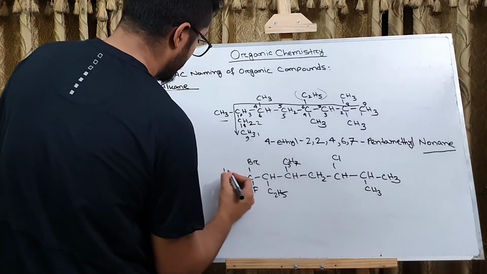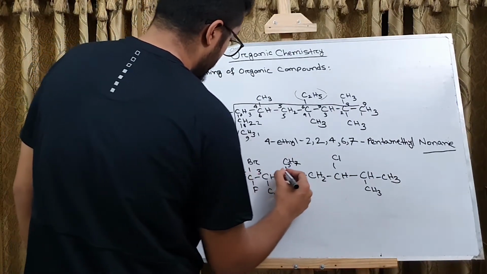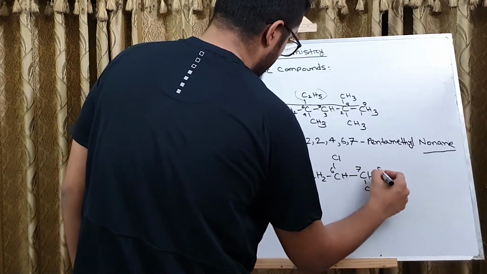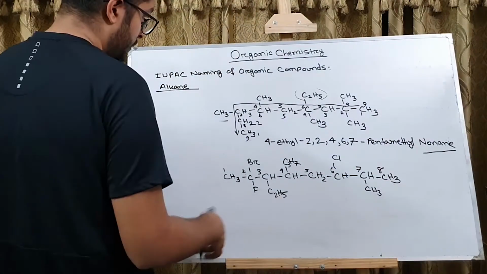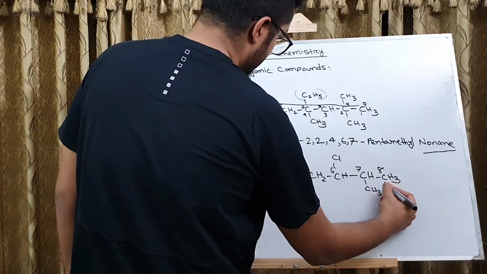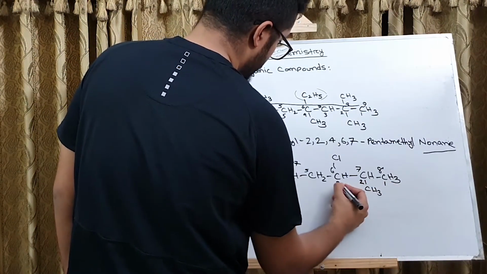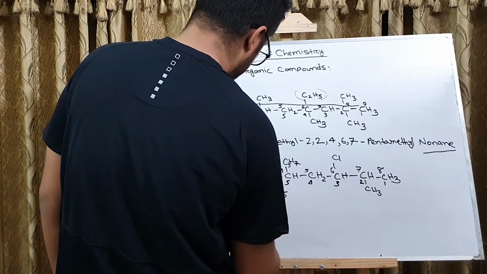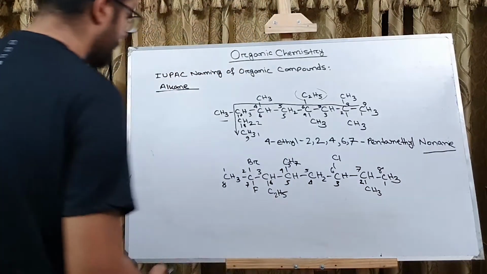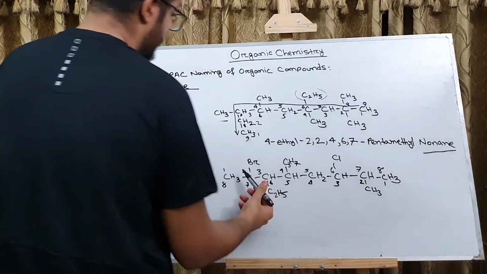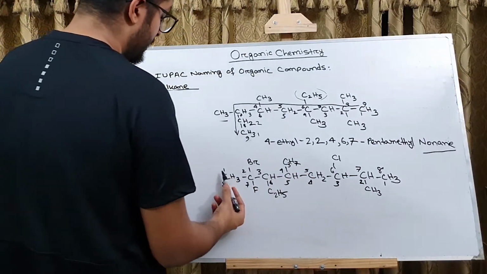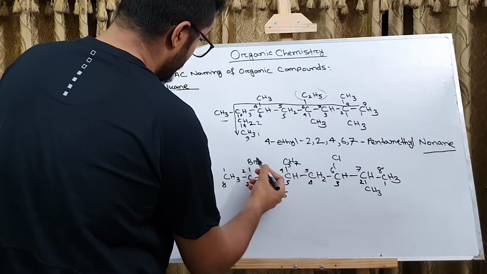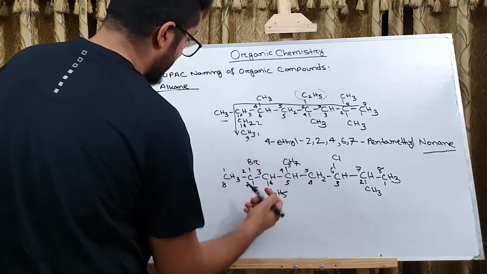Let's see, if I number it from this side, I have 1, 2, 3, 4, 5, 6, 7, 8. But if I number it from this side, then the numbers would be 1, 2, 3, 4, 5, 6, 7, and 8. So let's see where my substituent groups fall. If I number it from this side, then I have two substituent groups at 2nd carbon.